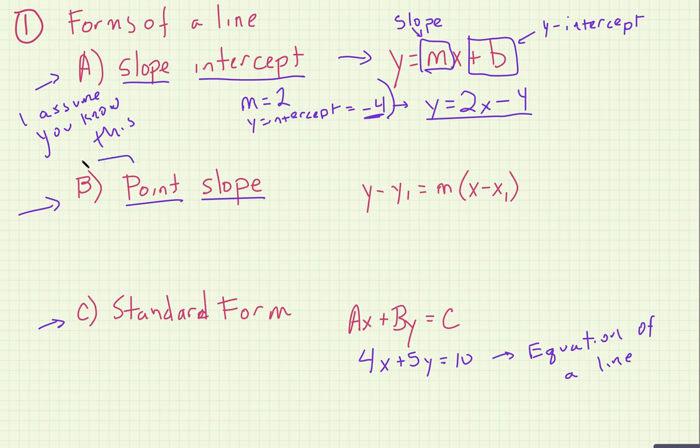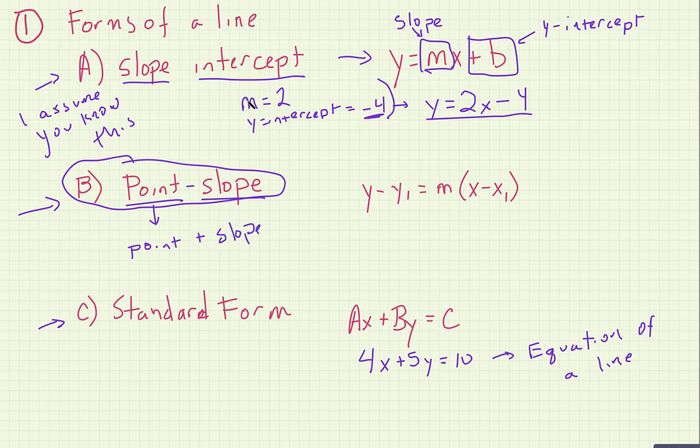So we're going to focus right now on the point slope form of a line. And why do we call it the point slope form? Well, it's because instead of being given the slope and an intercept, you are given a point and a slope.